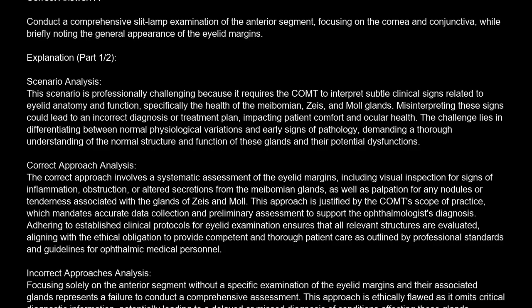This approach is justified by the COMT scope of practice, which mandates accurate data collection and preliminary assessment to support the ophthalmologist's diagnosis. Adhering to established clinical protocols for eyelid examination ensures that all relevant structures are evaluated, aligning with the ethical obligation to provide competent and thorough patient care as outlined by professional standards and guidelines for ophthalmic medical personnel.